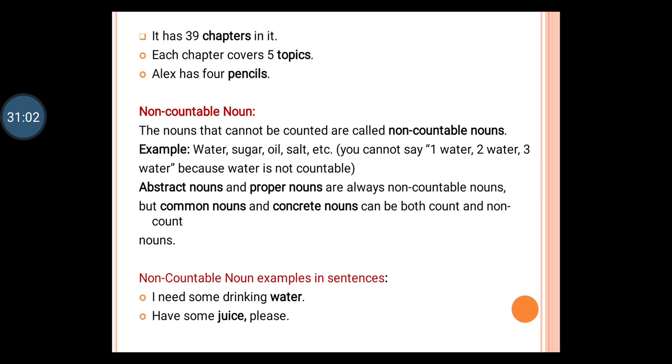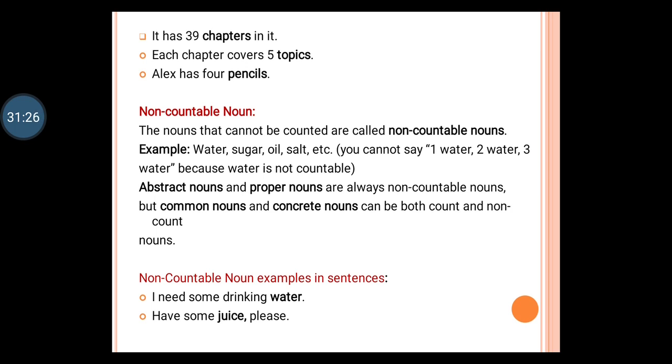Now, abstract nouns and proper nouns are always non-countable nouns. Remember, abstract nouns are things you cannot see. We talked about them earlier on. And then proper nouns.